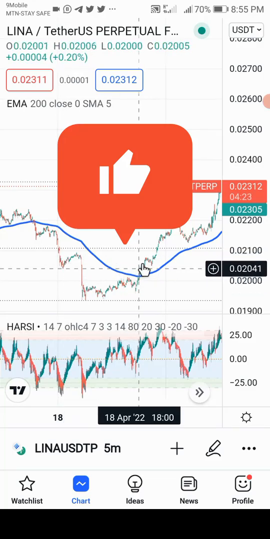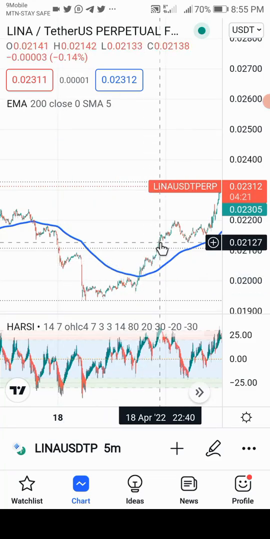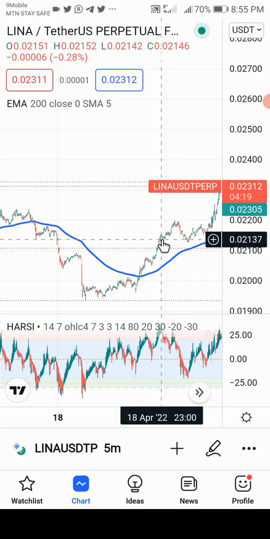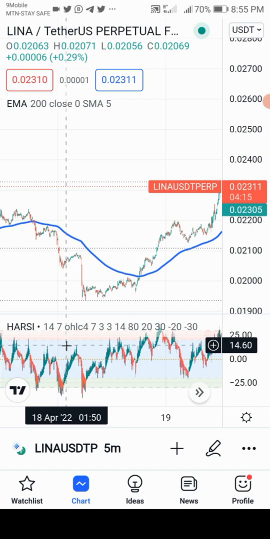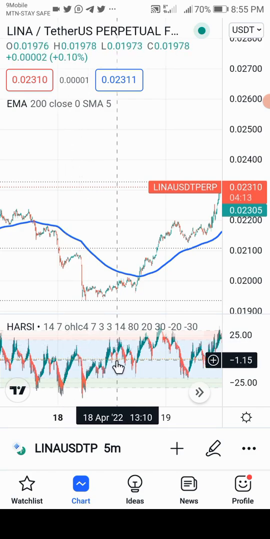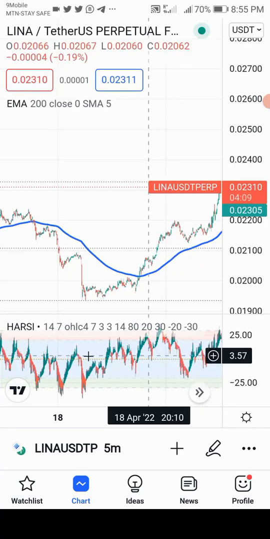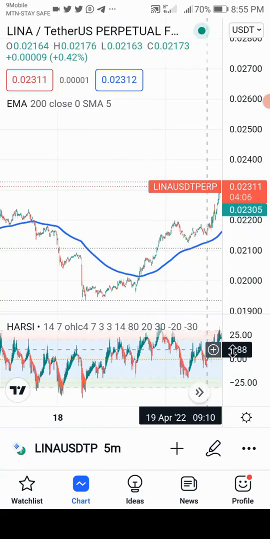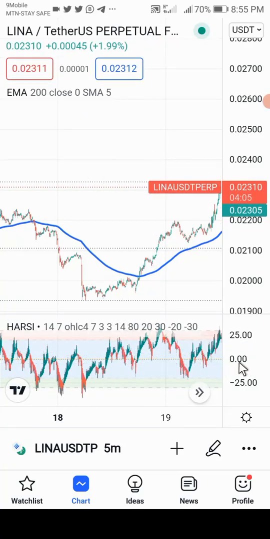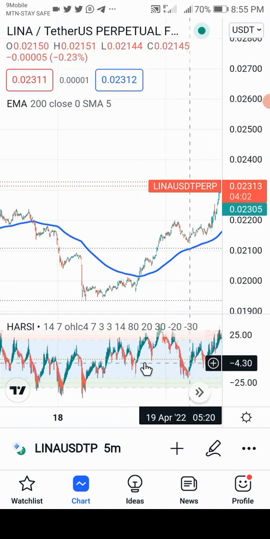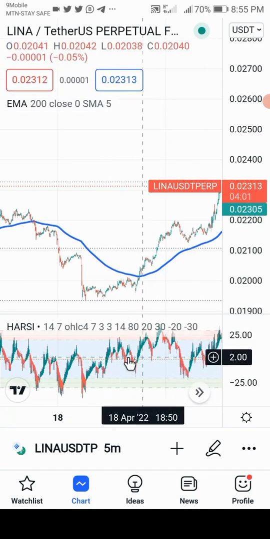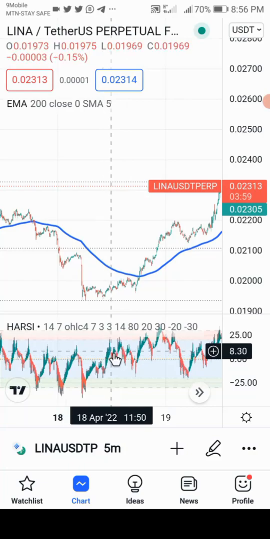But if the price is above the 200 exponential moving average, we are on the upward trend. Same thing applies to the Heiken Ashi RSI. If the price is above the 0.00, this middle line here, that means we are on the upward trend.